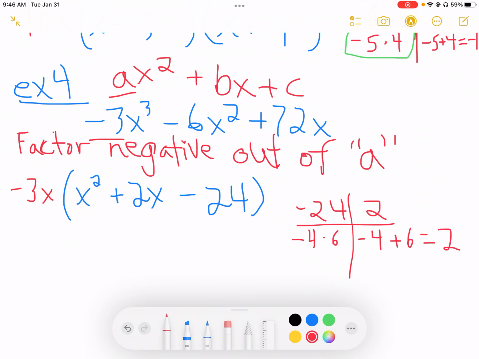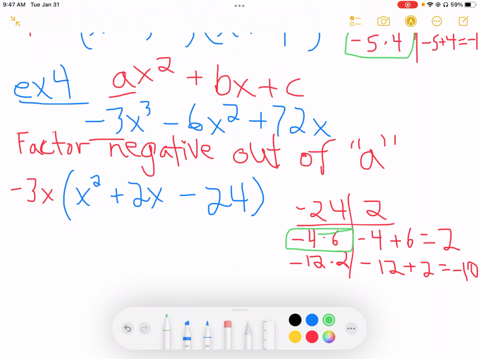Let's just practice seeing what the factors are. But I could have started with minus 12 and 2, for example, and then as I go along, I can see that that's not going to work, because minus 12 plus 2 is going to be minus 10, which is not going to work for this situation. So I can see that these are my good numbers.